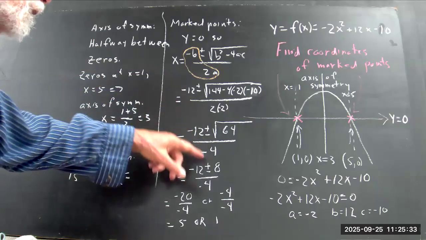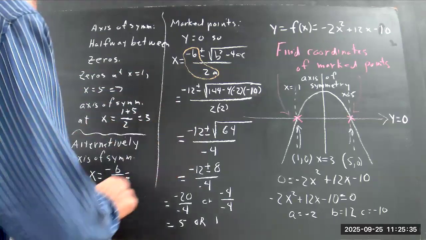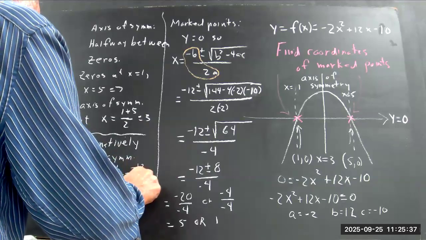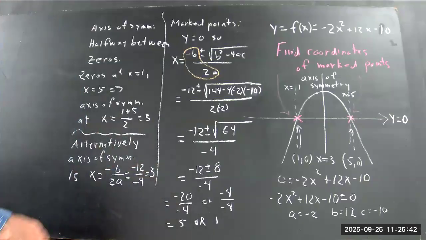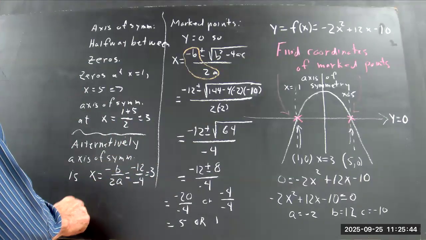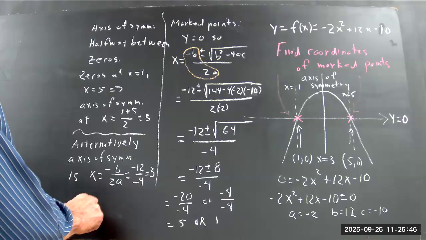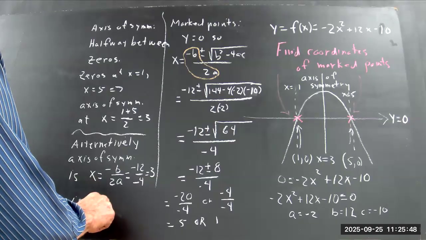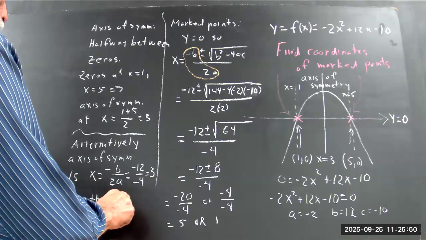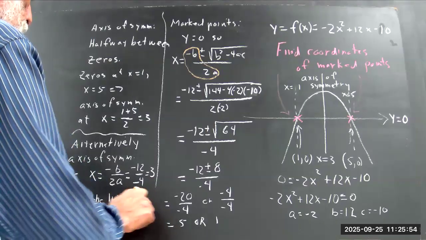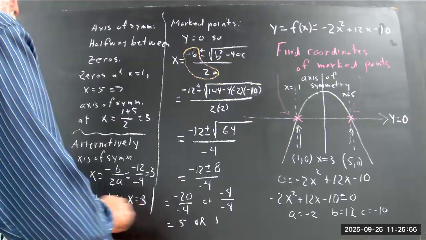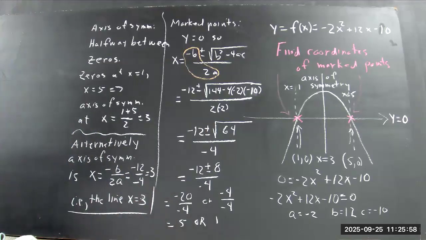Well, that's negative 12 over 4, right? Negative 12 over negative 4. And lo and behold, that's 3. So it's the line x equals 3. That makes sense?